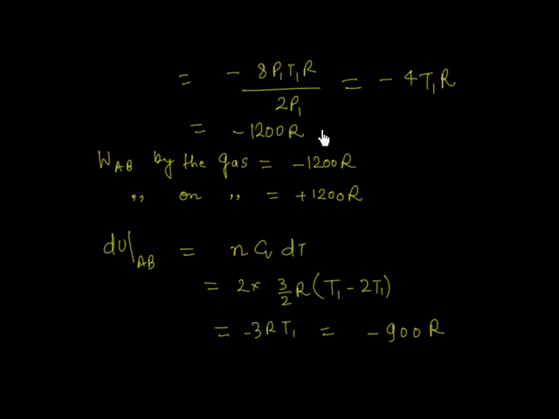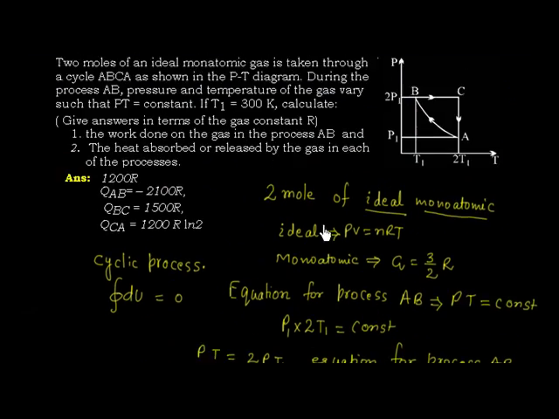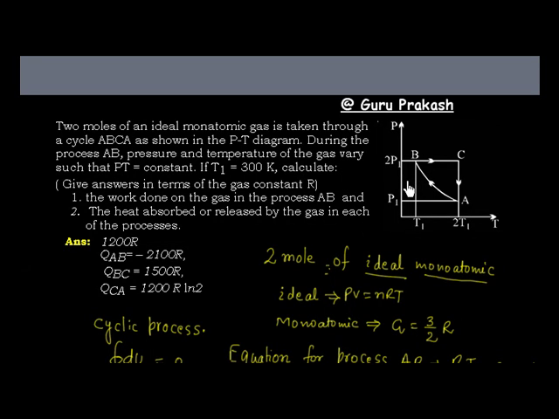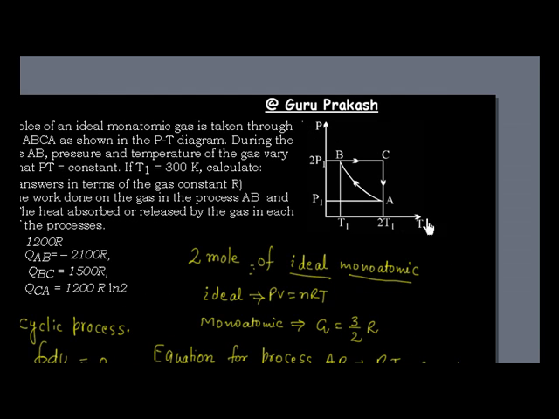So let us say, at this point, what is V2 and what is V1? At this point, the gas follows the ideal gas equation. Here I have pressure 2P1 and temperature T1. So at point B, you can calculate the volume. PV equals nRT if I apply. So let me write here itself. At point B, what is the pressure? This is 2P1. What is the temperature? T1.